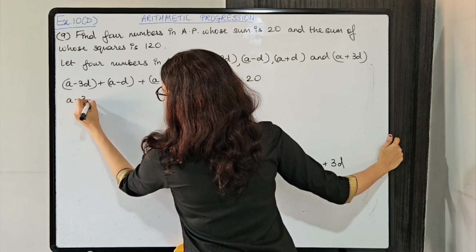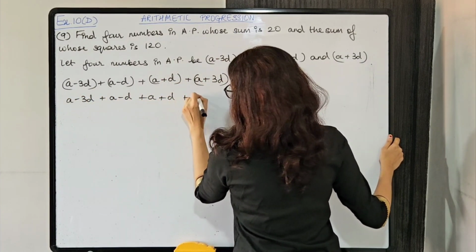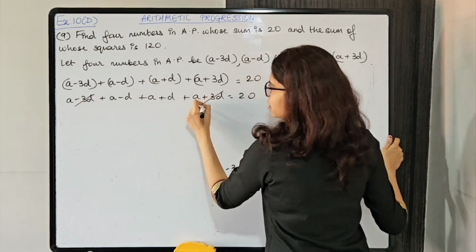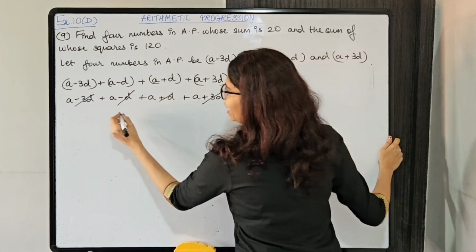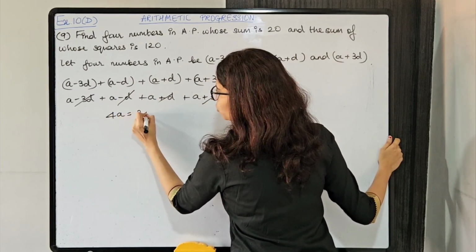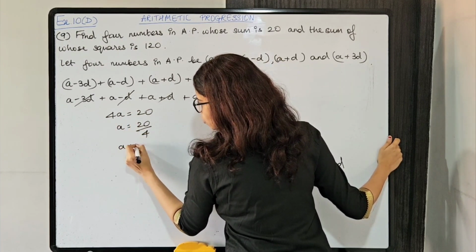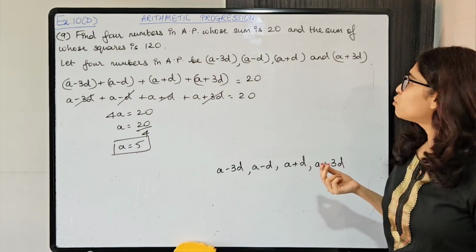So opening the brackets, minus 3d plus 3d cancel हो जाएगा, minus d plus d cancel हो जाएगा. We'll get 4a is equal to 20, that is a is 20 by 4 which is 5. तो a का वैल्यू मिल गया. सेकेंड कंडीशन चेक करते हैं.